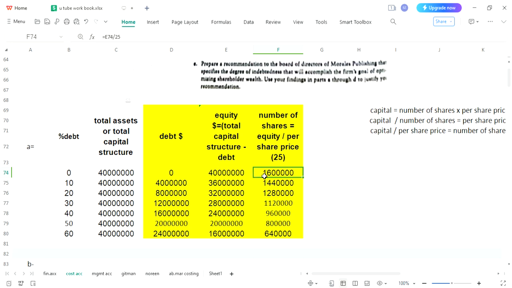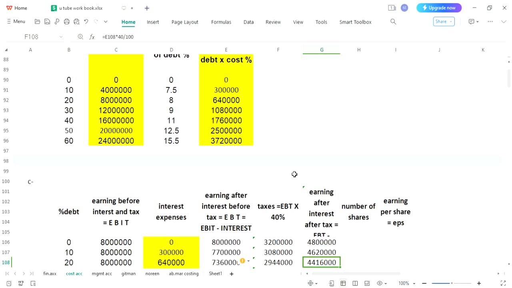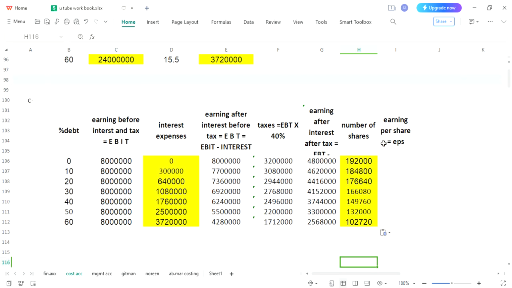So here you can see how you have calculated it. Instead of calculating them again, we are taking these headings and can use it over here. So automatically we have got our number of shares, which was previously calculated in part A.